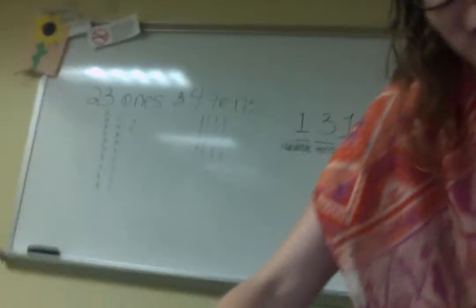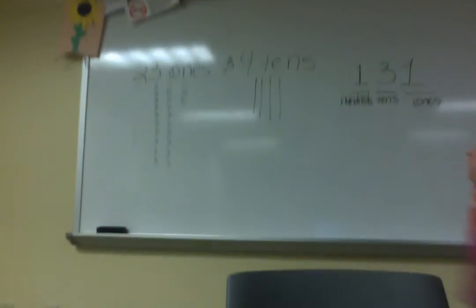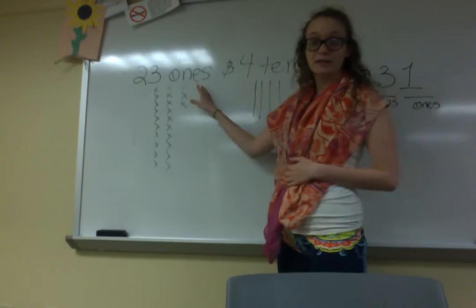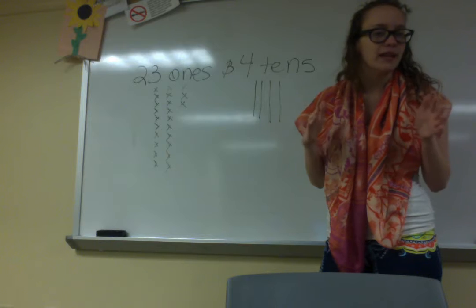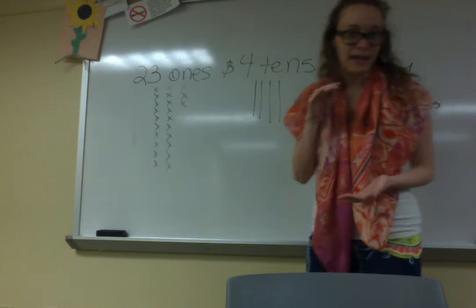You can also jazz it up and trick students, not really trick them, but enhance their knowledge. So if I said I have 23 ones and 4 tens, students would have to get thinking, because with tens, you get a whole 10 stick when you hit 10 units.